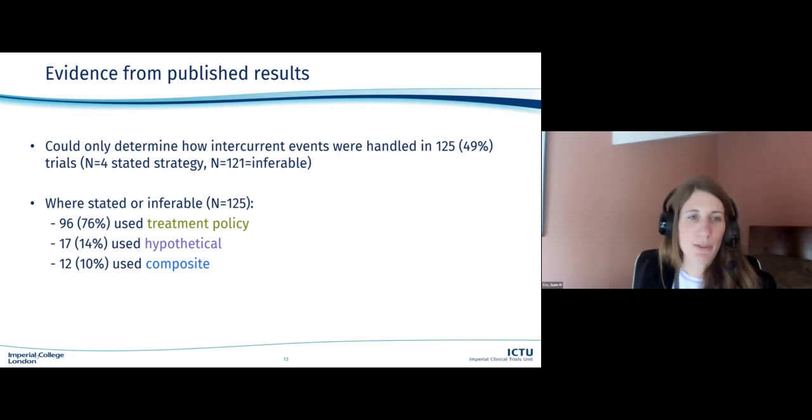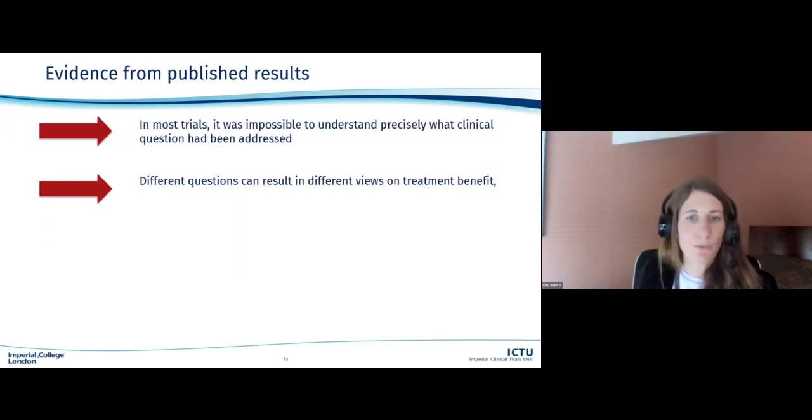Now, while these hypothetical strategies were inferable to statistical reviewers with statistical knowledge, I think we can't expect that all stakeholders will have the knowledge to decipher this. Therefore, inferability is likely to be a bit lower for non-statistical readers. Now, overall, what this means is that for most trials, it was impossible to understand precisely what primary question had been addressed in the trial.